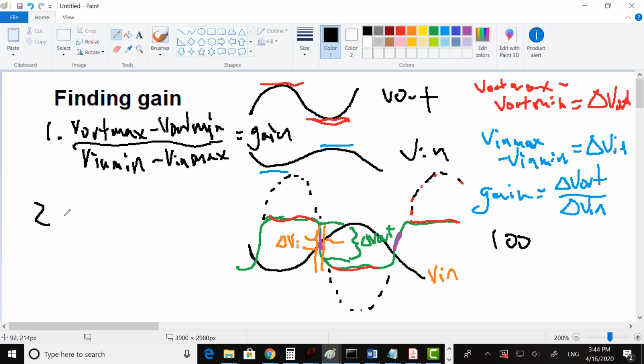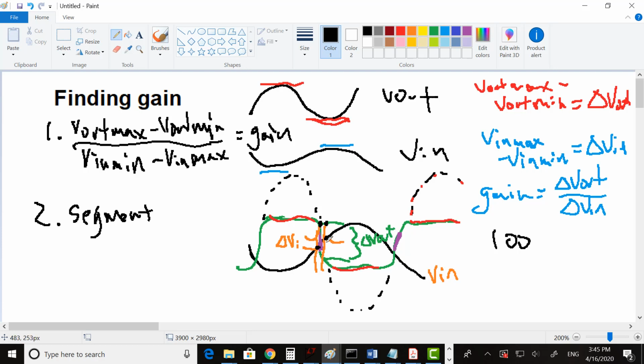So the second one is just to take a little segment, and in this little segment, on the V in, you find that point on the V in and the point on the V out.